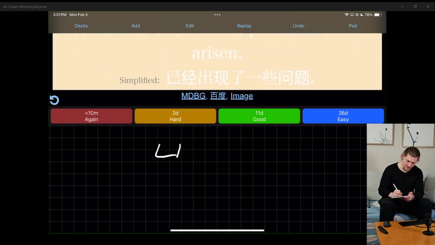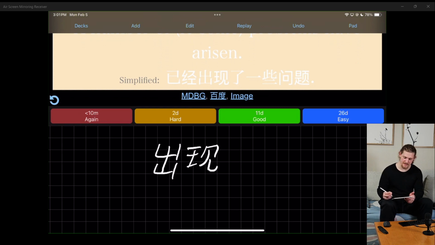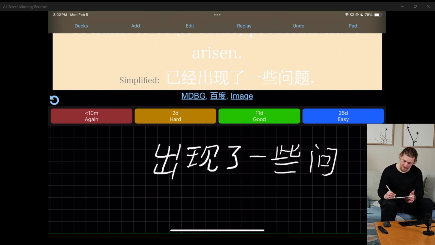Okay. Well, I wasn't sure that that was right. I thought that might be wrong. My first guess was 现在的现, but I was correct actually. So that's really nice. I'm glad that I was, because that saves me having to do that part again. But I mean, that one was pretty tough.